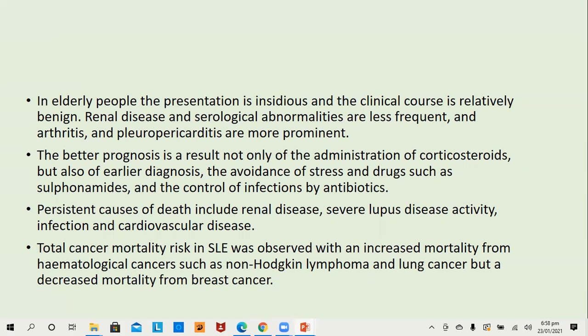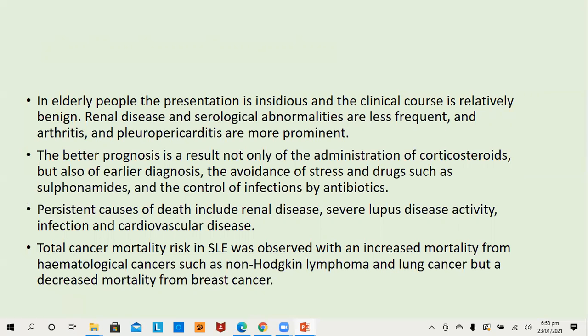Renal disease and serological abnormalities are less frequent, and arthritis and pleuropericarditis are more common. The better prognosis is a result not only of administration of corticosteroids, but also of early diagnosis, avoidance of stress and drugs such as sulfonamides, and control of infection by antibiotics.